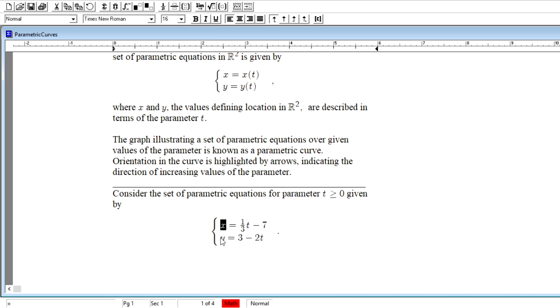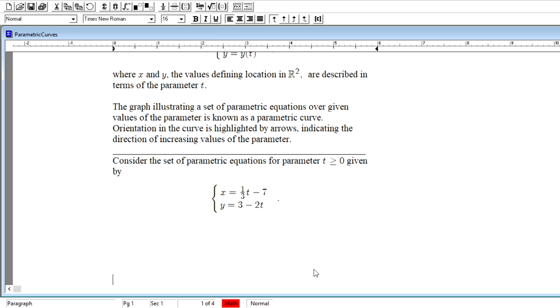These locations of x and y in 2-dimensional space are being defined by these 2 linear functions of t: 1/3 t minus 7 for the case of x of t, and 3 minus 2t for the case of y of t.